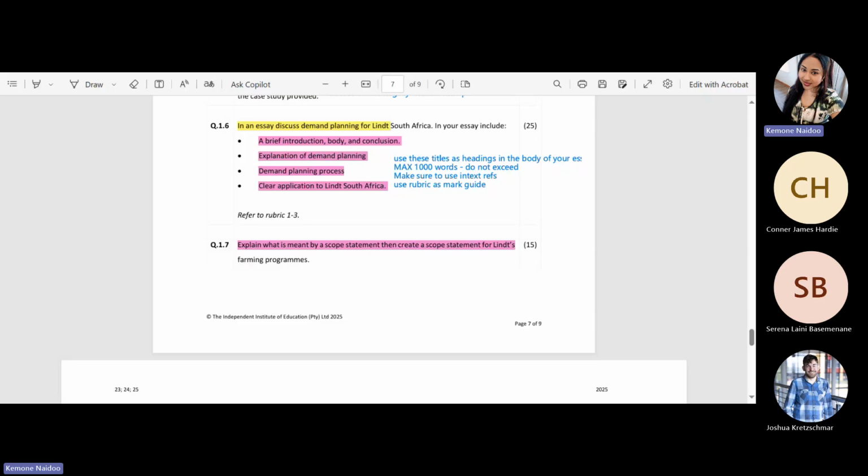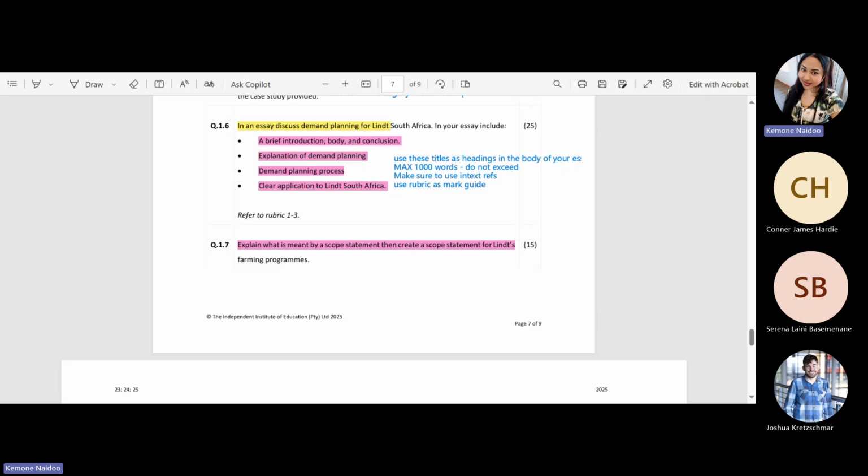So maybe 3 lines. The body of your essay is the bulk of your essay. So you don't have to necessarily write body, but if you want to, just to be safe, you can. But instead of writing body, you can have subtitles.